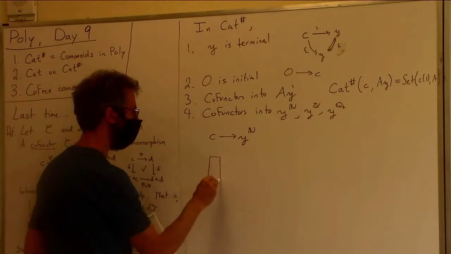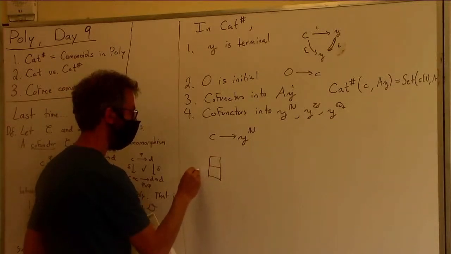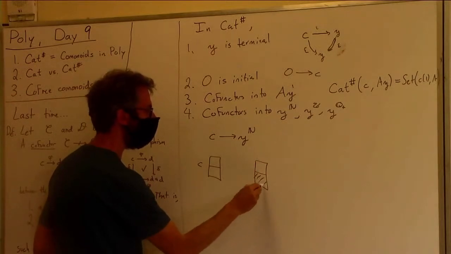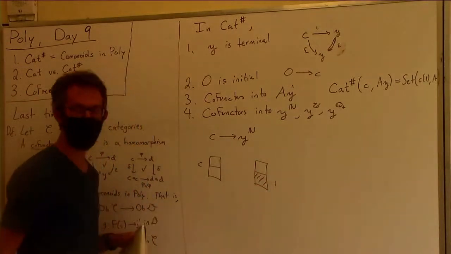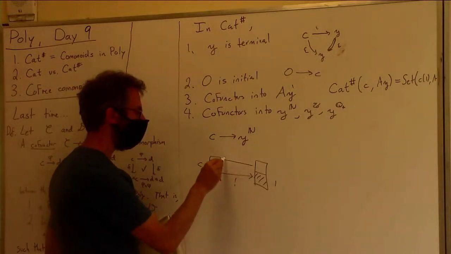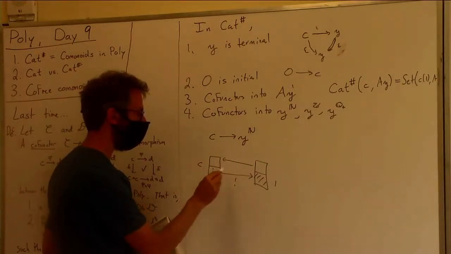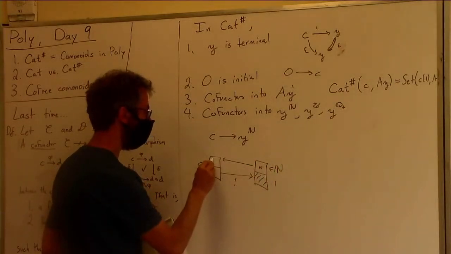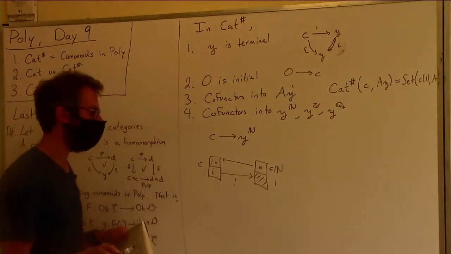So we have C, and we have y^N, and y^N has only one object. So a map like this has no data there, but it takes any object in C and any natural number in N and gives us something we could call i·n.